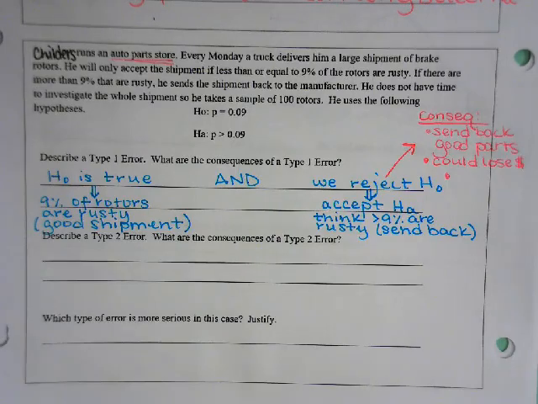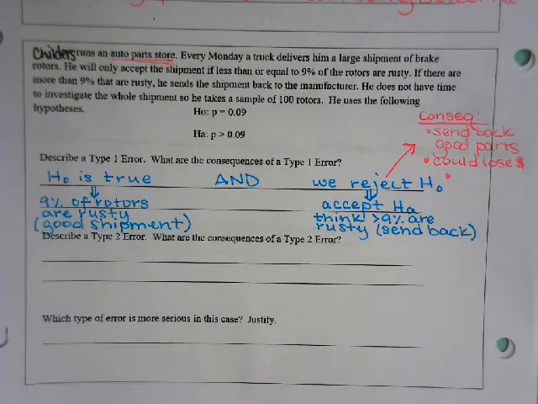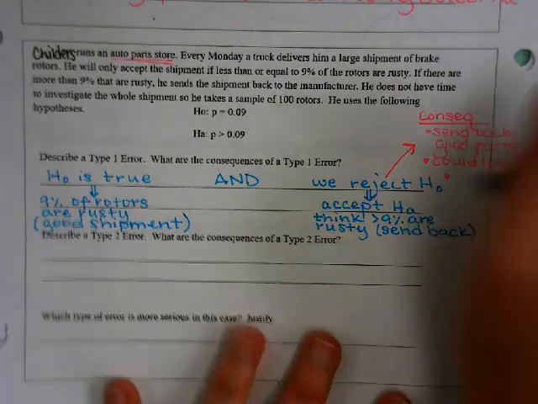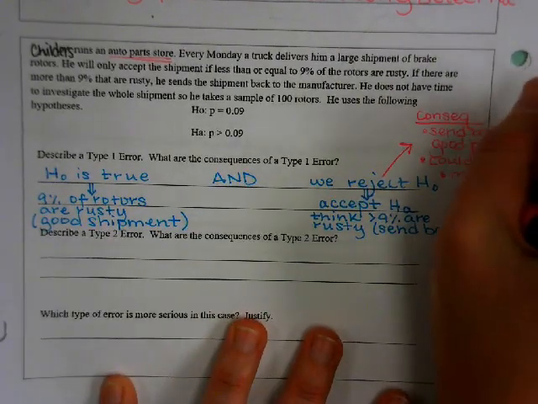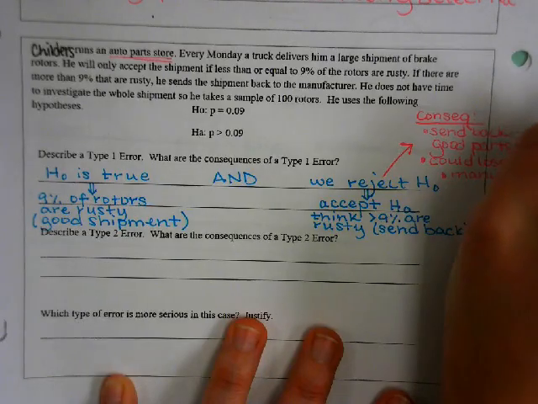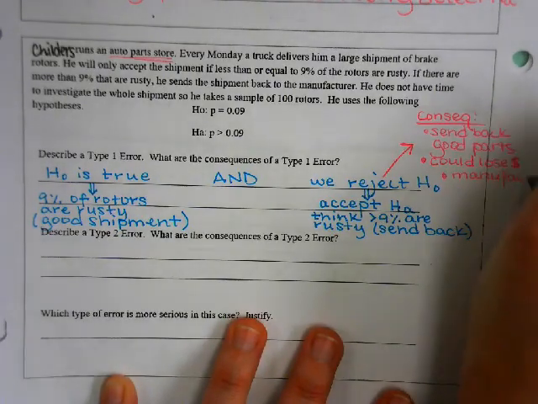Is the manufacturer going to be happy? No, he or she is going to be a little upset because Childers is saying, hey, you sent me bad parts, take them back, when in fact they were good parts. So he could make the manufacturer upset and ruin a business relationship.